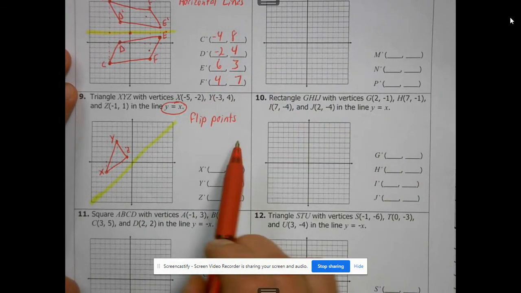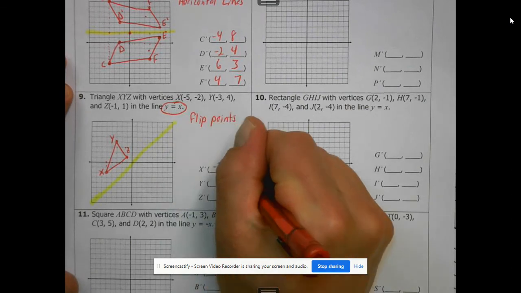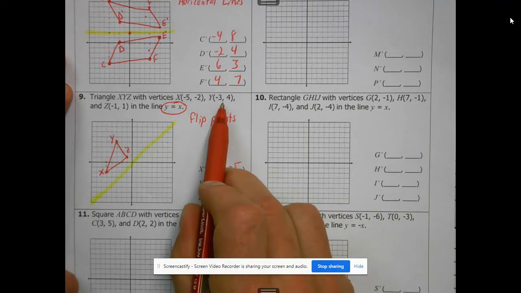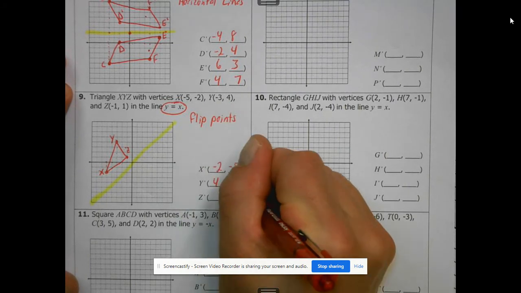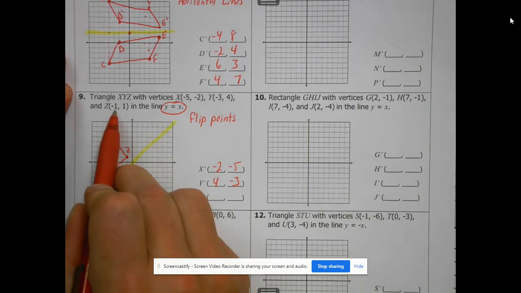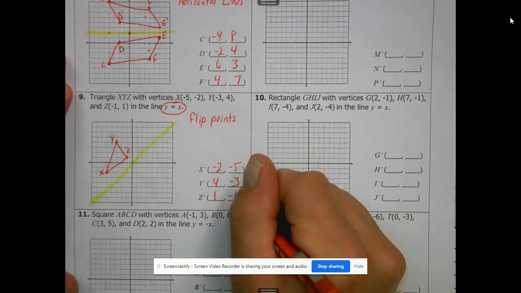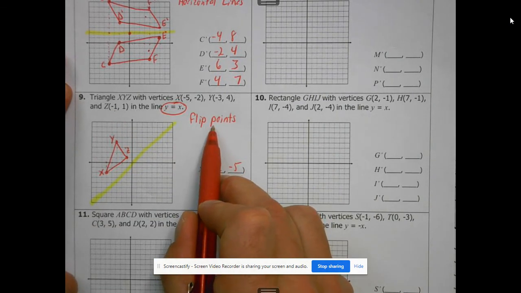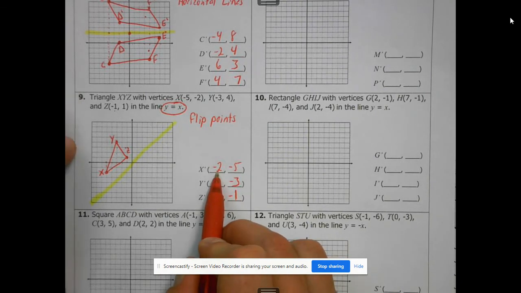So for example, for X prime, I just have to flip the points. -5, -2 would become -2, -5. -3, 4 would be 4, -3. -1, 1 becomes 1, -1. All I did was flip the original points for the line reflection y equals x. So grab the new points and then we're all done.